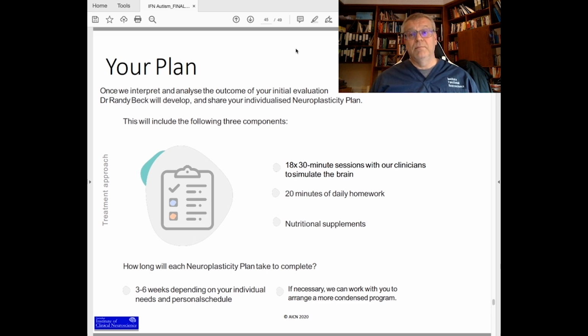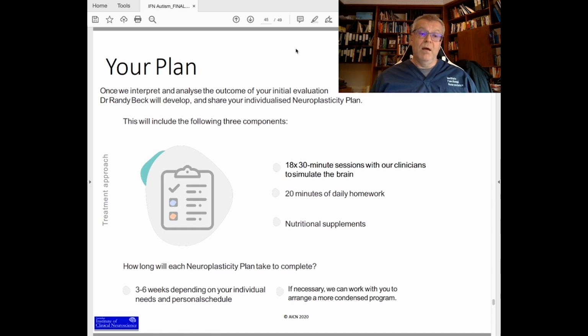Now, it's not heavy-duty exercise that you would expect. It's some very, very simple exercises that we would use. We also will give you some nutritional supplementation, which is appropriate for your situation.